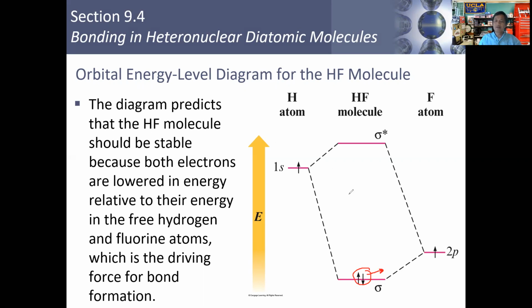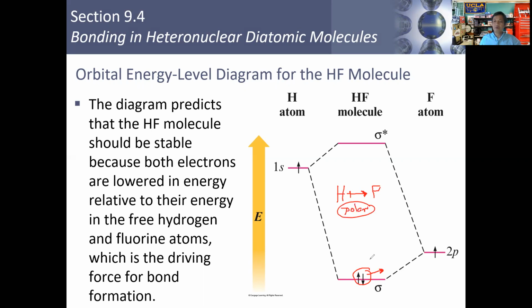If we think of it in terms of the localized electron model, we already said that electrons will spend more time on the fluorine side of the bond because it's more electronegative, making this bond polar.